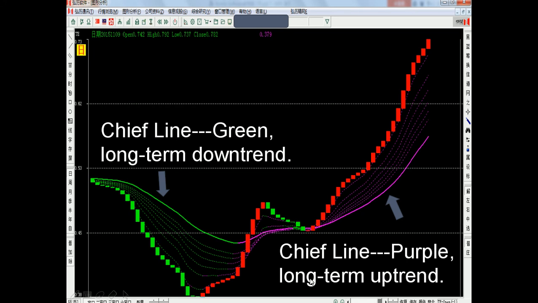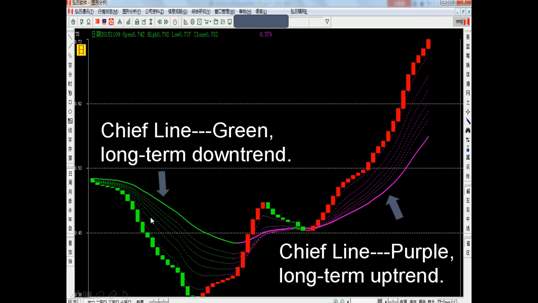This purple line means the long-term uptrend. So if we have this indicator, first we should confirm whether the long-term trend is good or not. Here the long-term trend is green, meaning going down, and here the line is purple, meaning the long-term trend is going up. So it's very easy to identify.